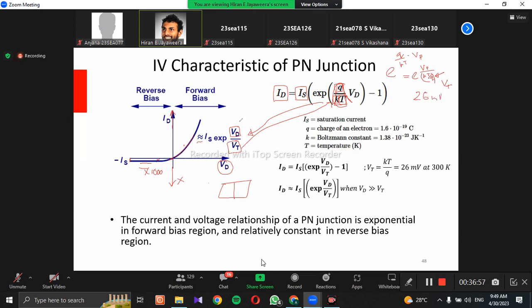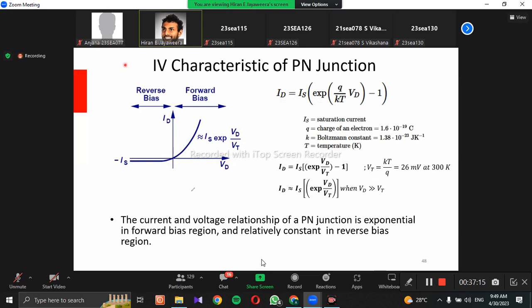From this equation, you can explain how a diode behaves, but you don't need to remember those things. I'm just telling you for your knowledge. So this is the behavior, the well-known VI characteristic curve for a PN junction.